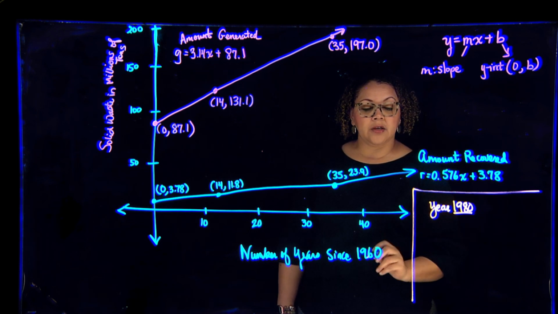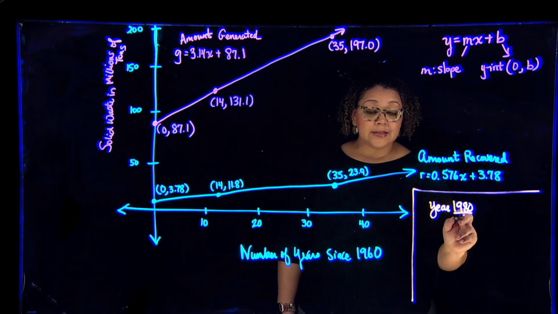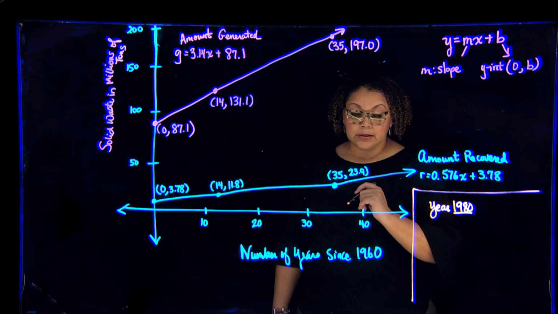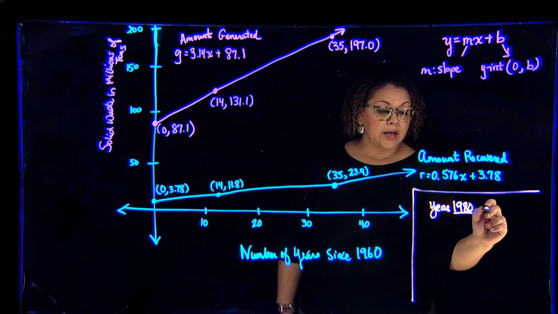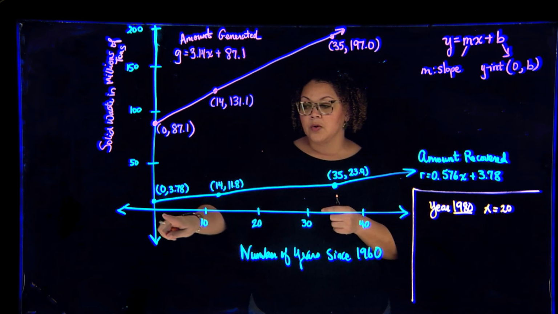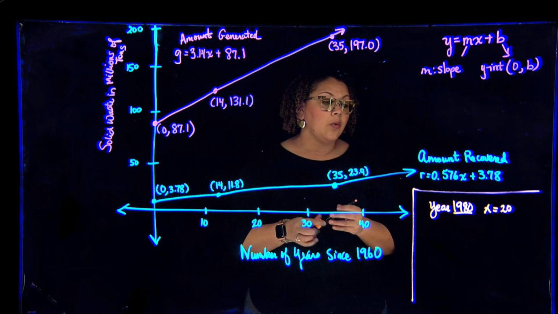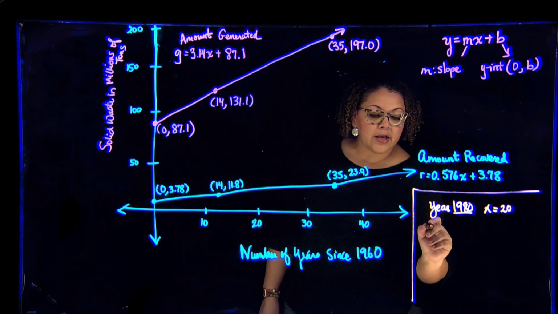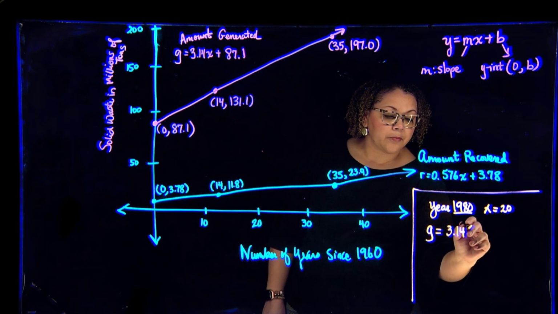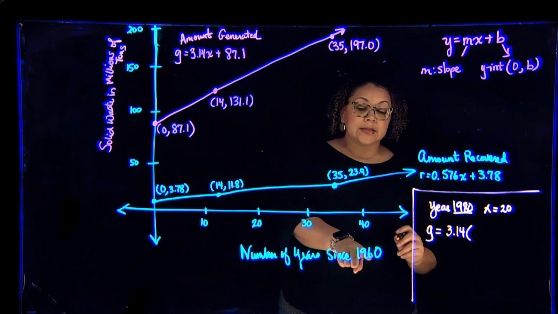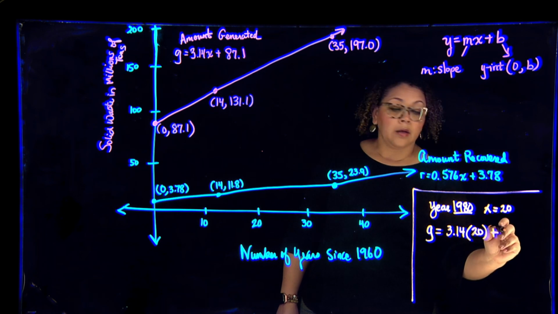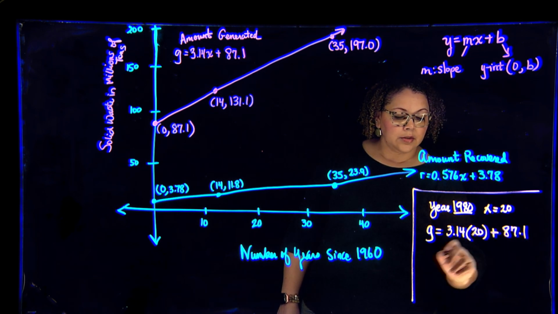So if we're talking about the year 1980, we know that that is 20 years from 1960, correct? So we would use x equals 20, because again, our benchmark is 1960 is what represents 0. So I believe I said amount generated, so we would take the equation for G, and where there is an x, which represents the number of years since 1960, that's where I would substitute 20, and then we will solve this equation.